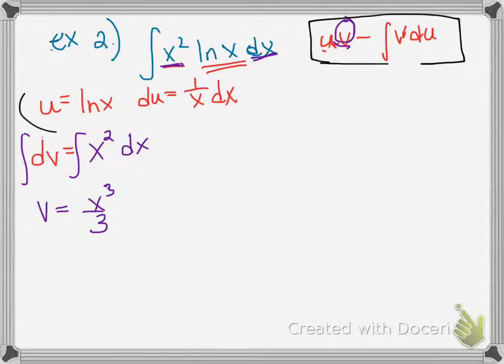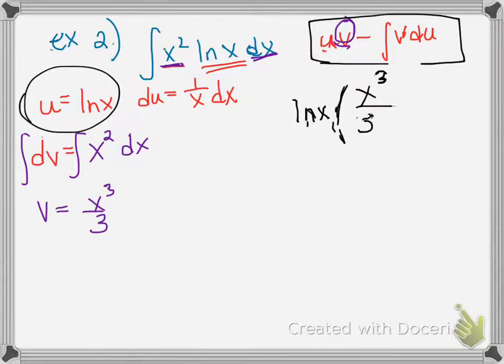What is u? u is the natural log of x, times v, which is x cubed over 3, minus the integral of v, x cubed over 3, times du, and du is right here. So du is 1 over x dx.